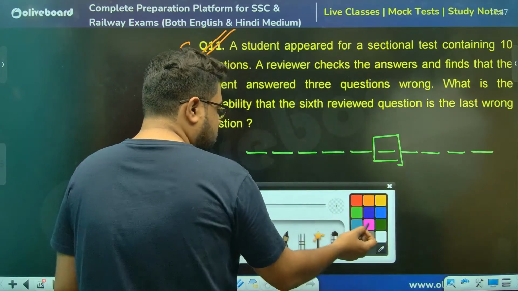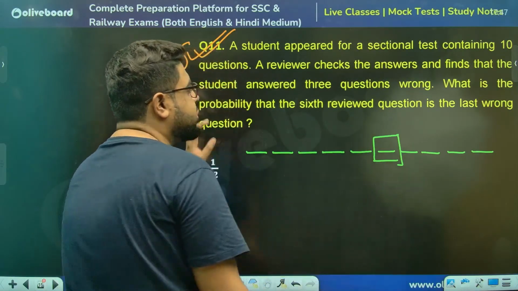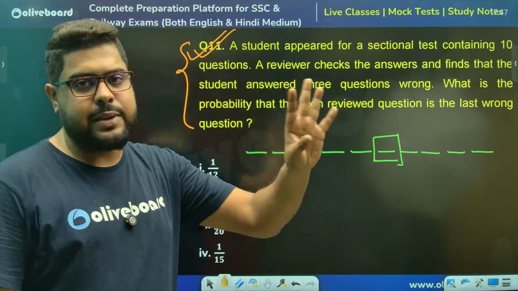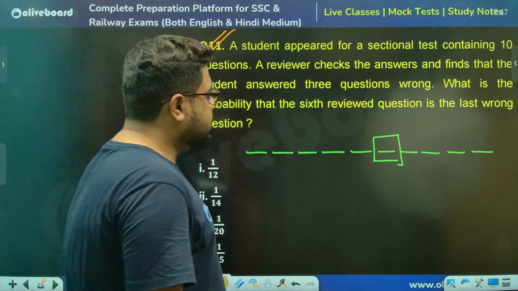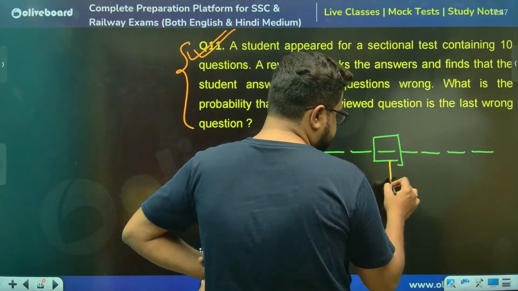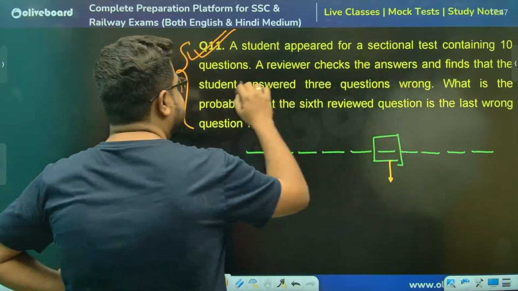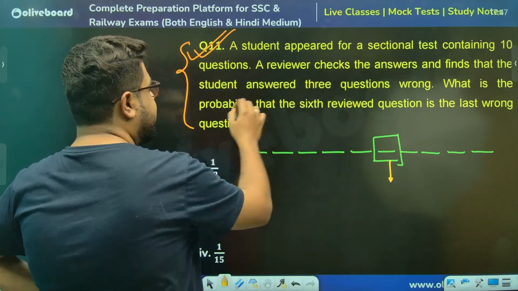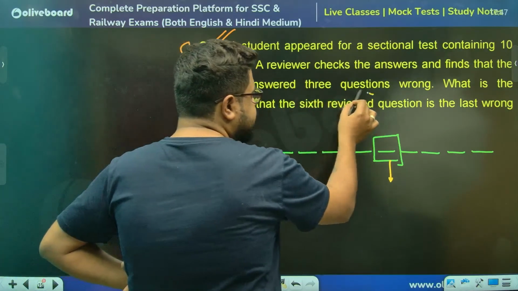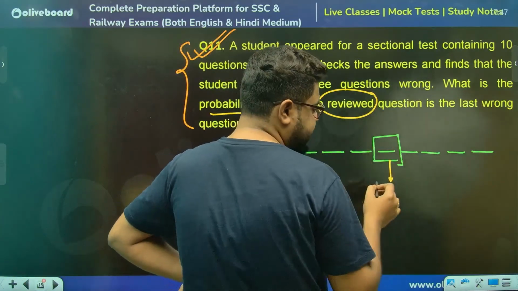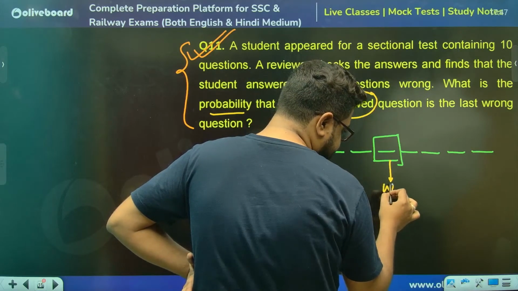Now, in total, this particular student has made 3 errors, 3 mistakes. They are asking: what is the probability that the 6th reviewed question is the last wrong question? So this is the last wrong question.